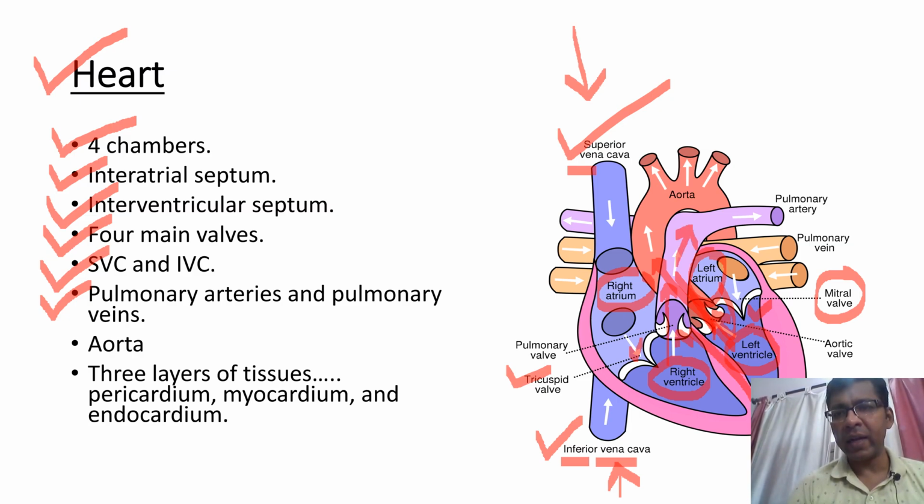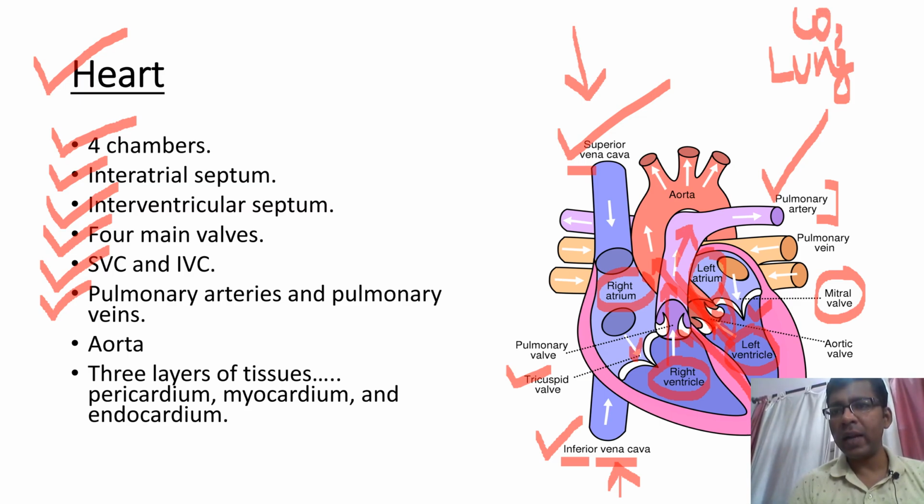Remember one thing clearly, this is the only artery in the body whose name is artery, but it brings deoxygenated, that is carbon dioxide containing blood, up to the lungs from the heart. So this is the pulmonary artery, which brings blood from the right ventricle.